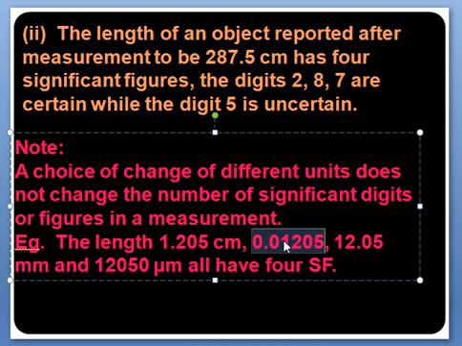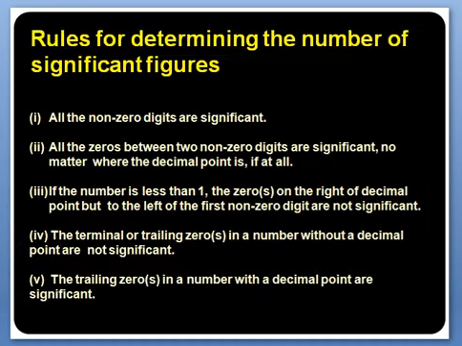So how many significant figures will be there in 0.01205? There are 4 significant figures. This 0 which comes between two non-zero digits will be significant, but this 0 will not be a part of the significant figures. So this is about the third rule.